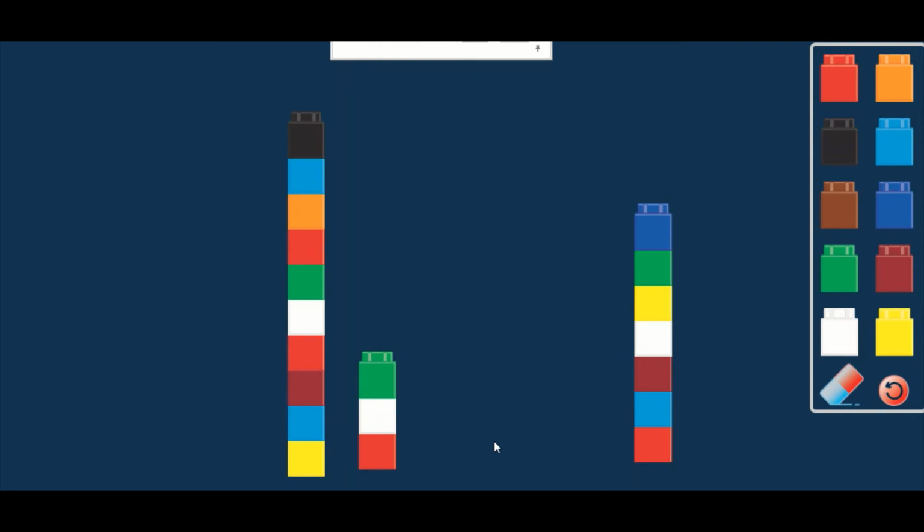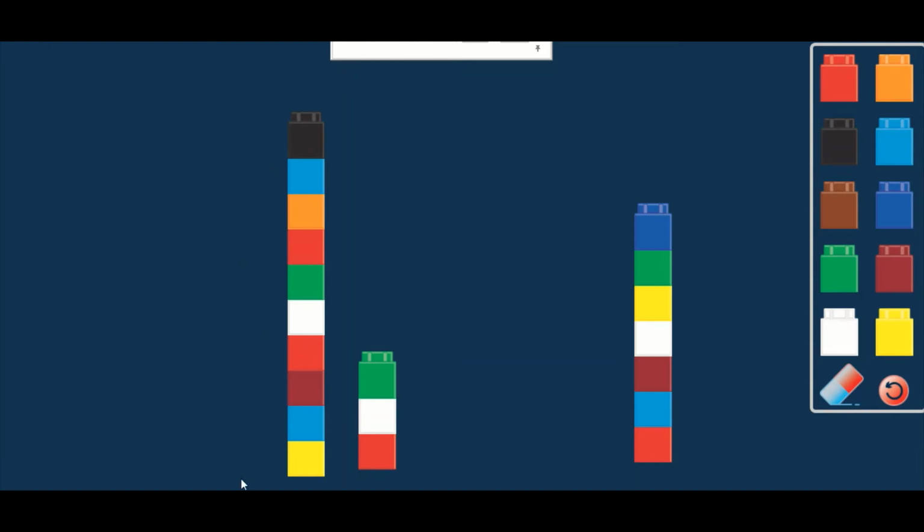Now let's look at our next example. Here we have 13 plus 7. Now parent, what you want to do is get your child into the habit of, when they are counting more than 10, grouping the Unifix cubes by 10, because in first grade we learn place value and we also learn how to count by tens. So it's very important that they know that 10 ones equal a 10.